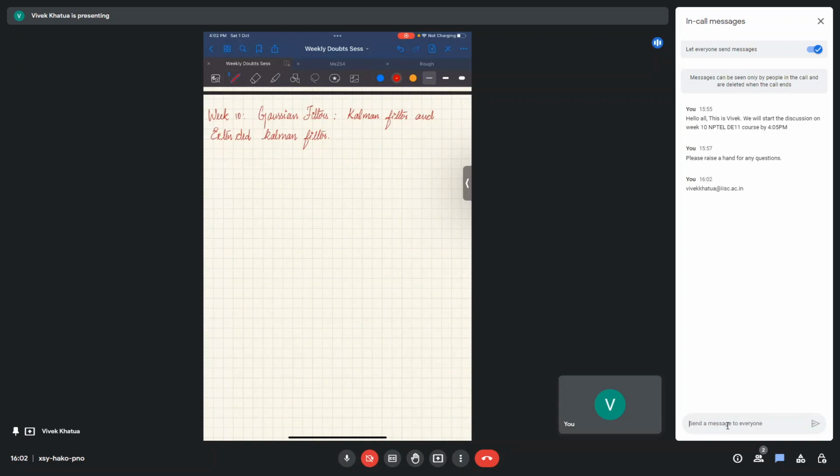So last week we had discussed the Bayes filter, where we calculated the state transition probability, and then a similar measurement probability, and then we imposed a Markov property to simplify it further.